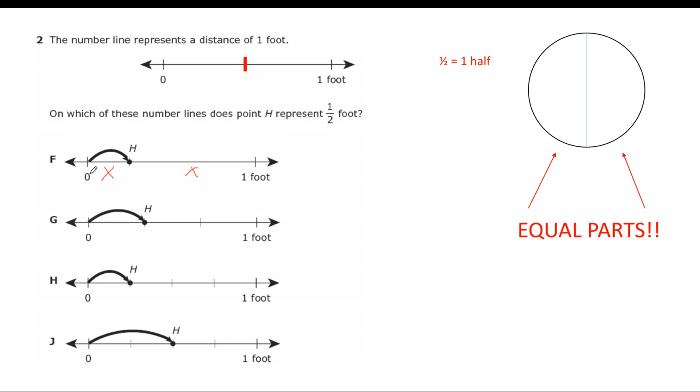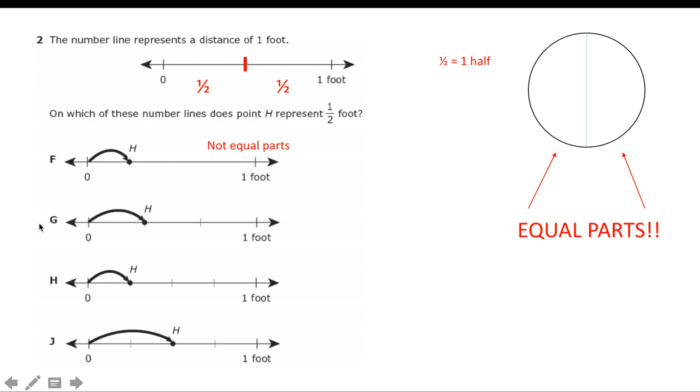You would not be happy if you got this part of the candy bar and your friend got that part. You know that those are not equal. So we can say that this is not equal parts, therefore it's not the right answer. Right here I have written 1/2 to represent that each of these parts is 1/2.